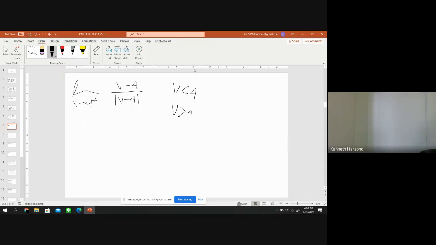If v is less than 4, the function becomes minus, so we have to add the minus sign here, minus (v minus 4). If it's more than 4, we can just write the function again, v minus 4. The limit is asking about the plus one, so it's greater than 4, right? So we can just rewrite the question like this.